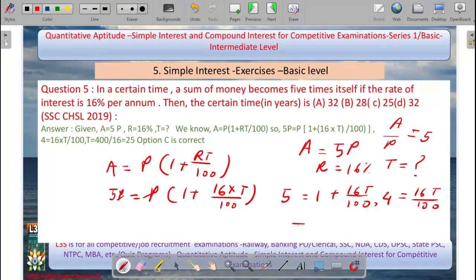So T is equal to 4 into 100 by 16, which is equal to 25. So option C, 25 years will be the correct answer.